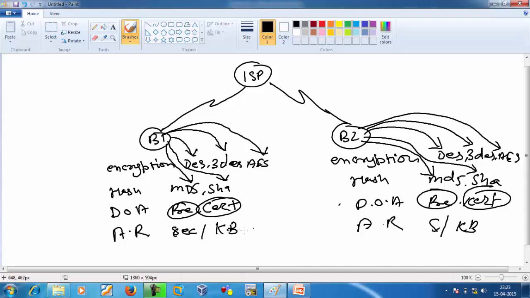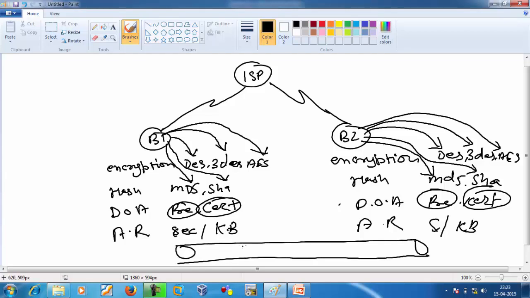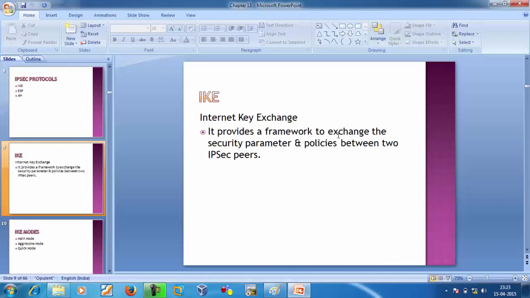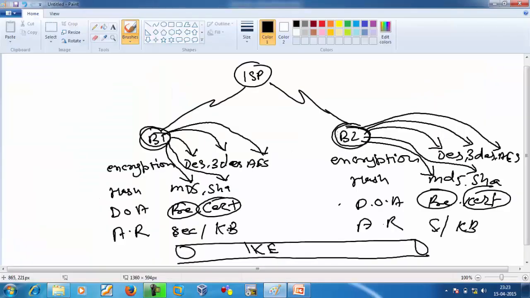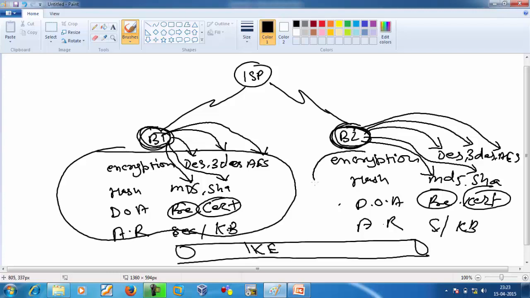So this information is negotiated between two branches using IKE. So here IKE, Internet Key Exchange, plays an important role so that two branches can exchange their attributes. We can say IKE provides a framework to exchange security parameters and policies between two IPsec peers. Where we have two IPsec peers, branch 1 and branch 2, we want to negotiate the parameters of IPsec features.